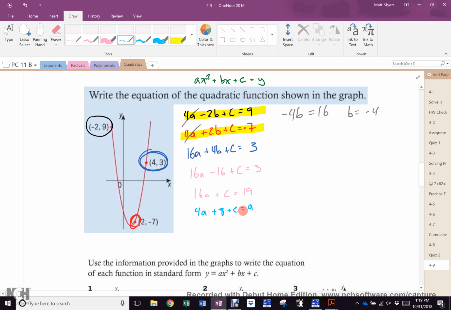Now I would fix that up to get what? How would I fix that up? 4a plus c equals what? 1. Now, that's a grade 10 system, isn't it? And you would just solve it again. That would get you A, that would get you C.